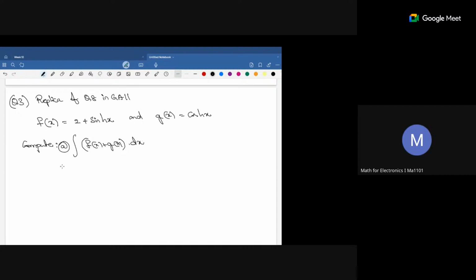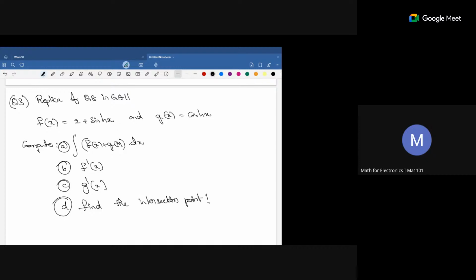This is the first part. Then we will compute f prime of x, and then g prime of x. And then find the intersection point. This is slightly new, so let's do this also.